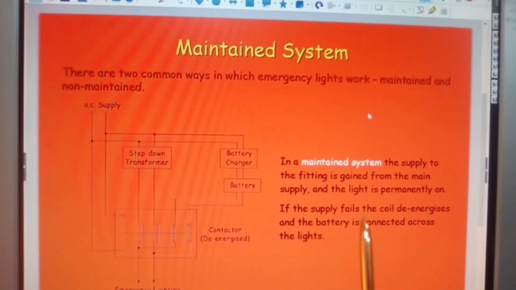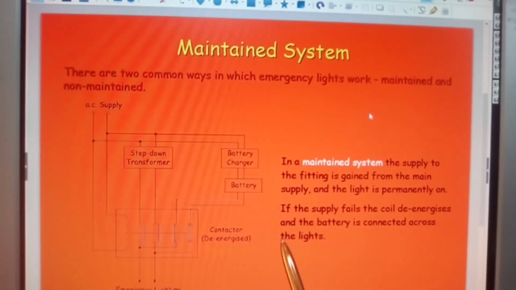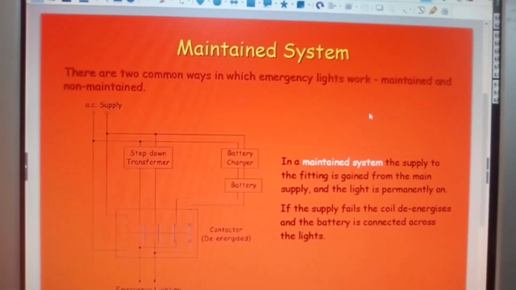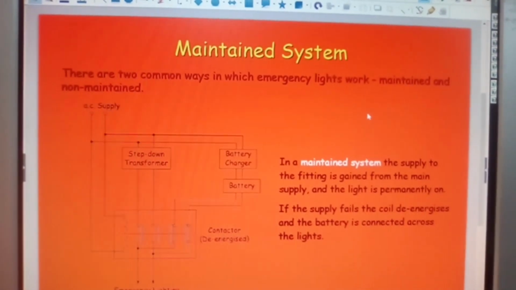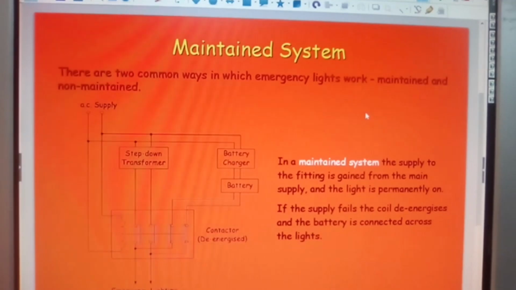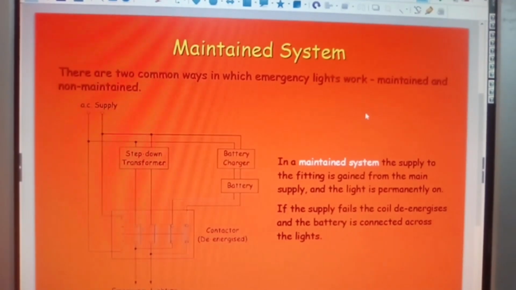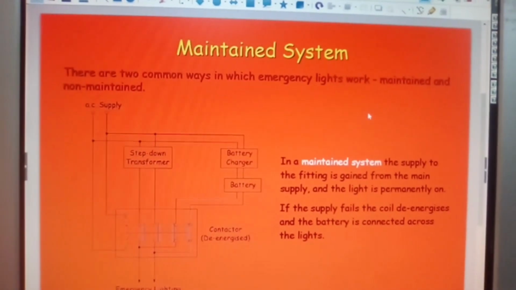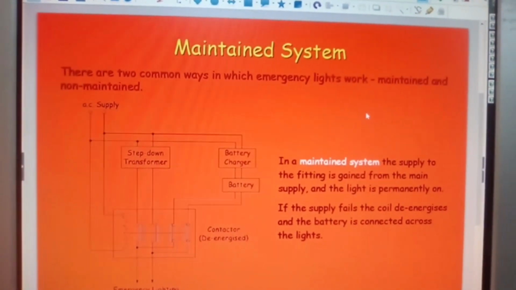If the supply fails, the coil de-energizes and the battery is connected across the lights, which brings your lighting supply on. Okay, so it's backed up by, one, the AC supply, and two, it has a battery supplied to it. So if your main source fails, then you have a battery backup which is designed to last so many hours.